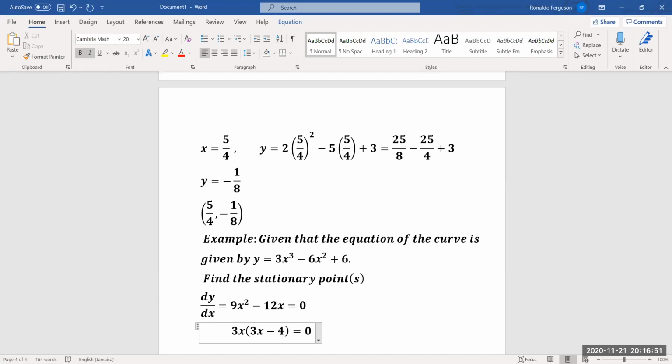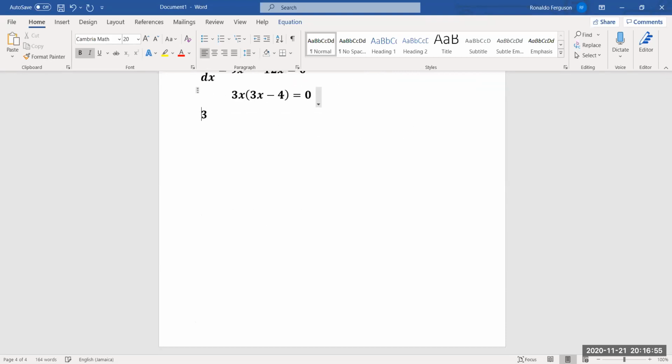If the product of those equals 0, then either 3x equals 0 or 3x minus 4 equals 0. And so x equals 0 or x equals 4 over 3.